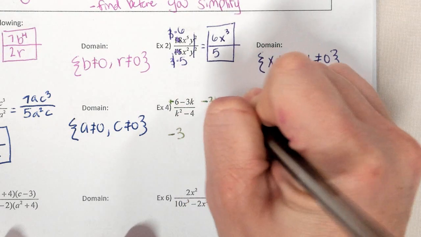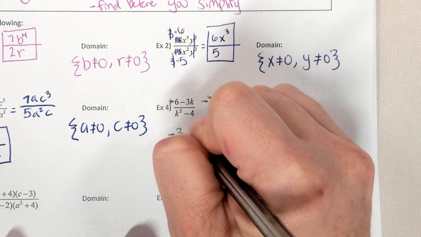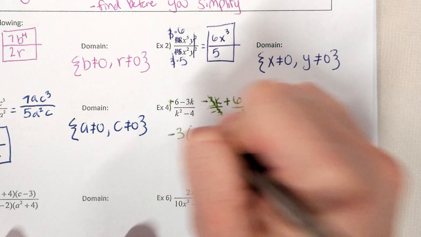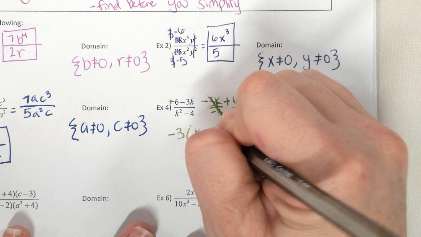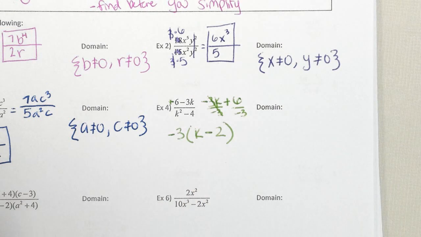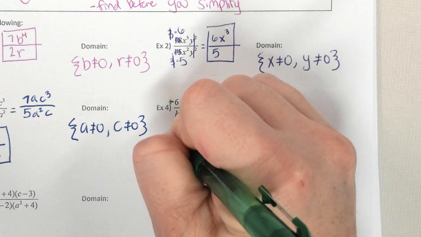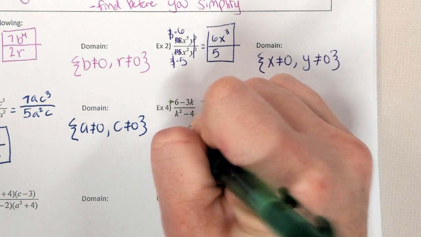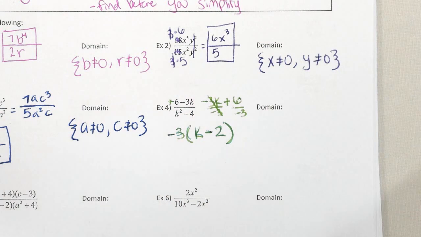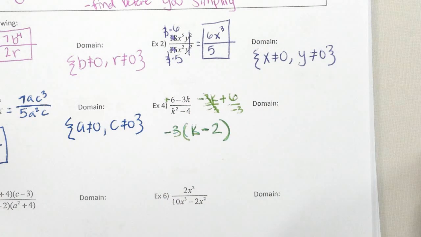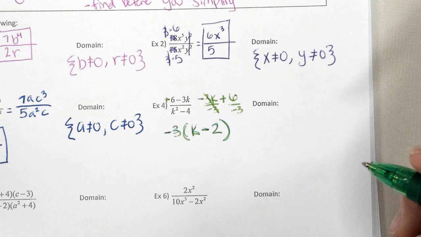And when I divide by that, I'm left with k minus 2, because 6 divided by negative 3 is negative 2. This is not my best color. Okay, I think I just made it worse, but it's fine.